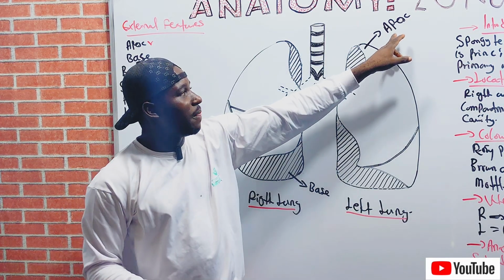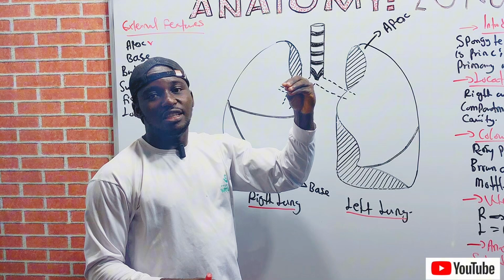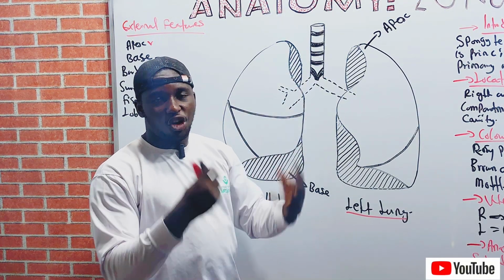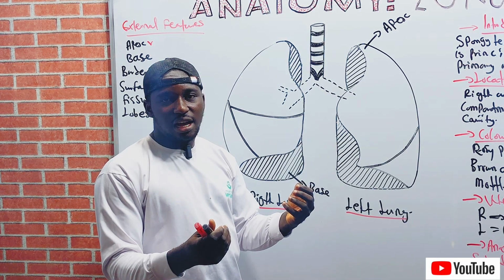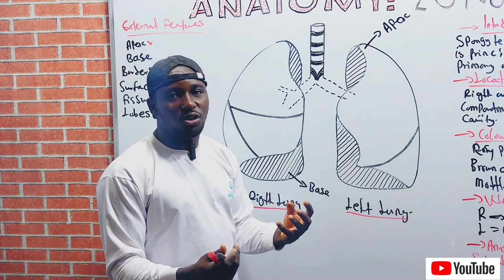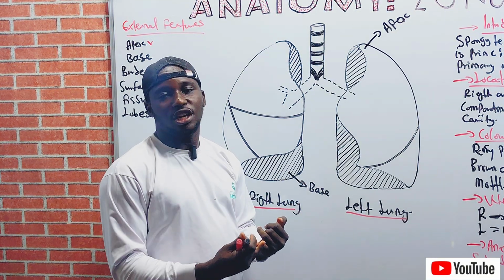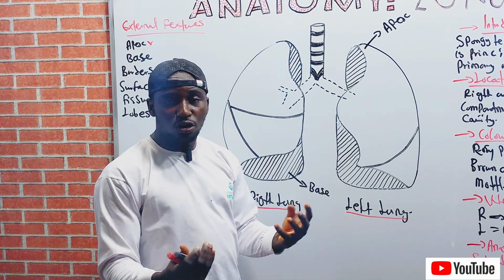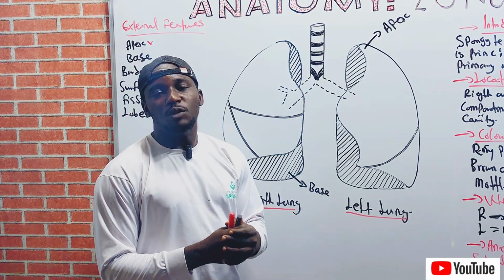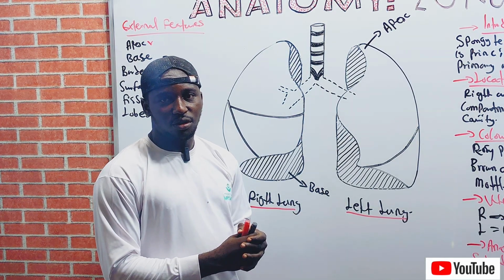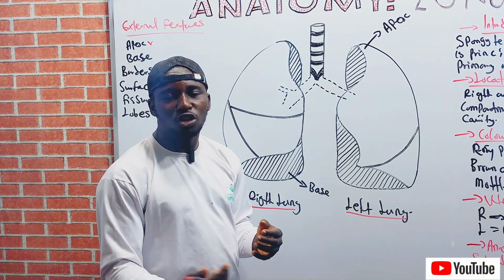This is the apex. The apex of the lungs, or the lung apex, is rounded and conical, which is the blunt superior end of the lungs, directed upward towards the root of the neck.